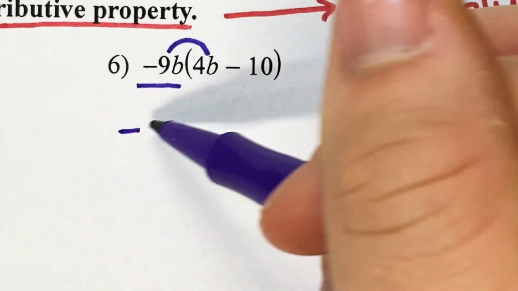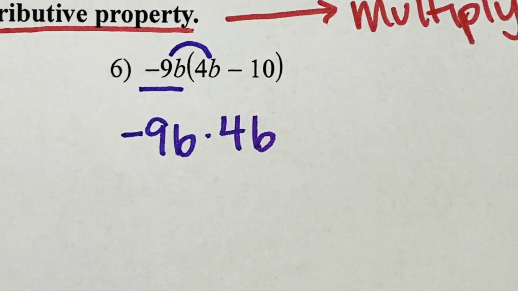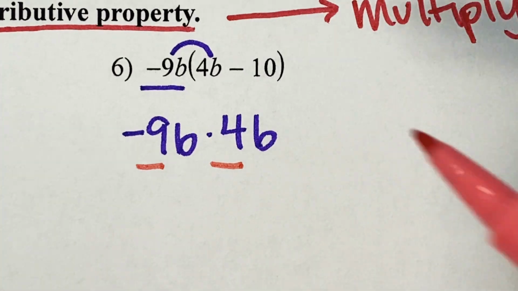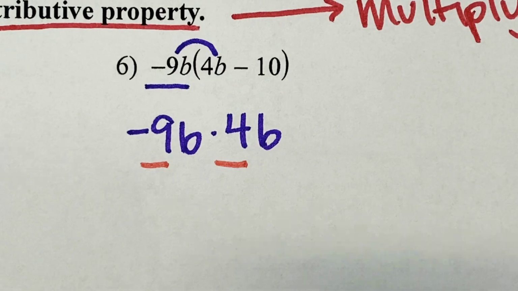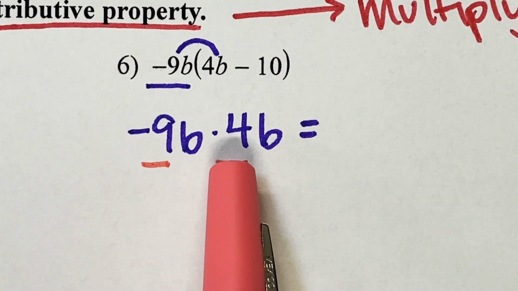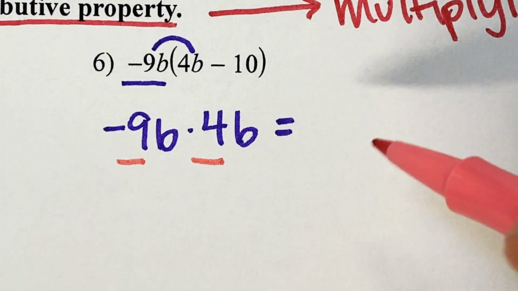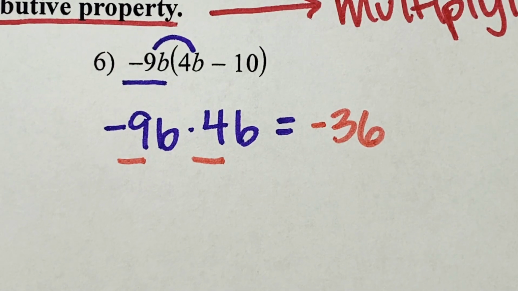So we have -9b times 4b. Let's just look at the coefficients, the numbers in front of the variable, -9 and 4. So what is -9 times +4? That's going to give me -36.